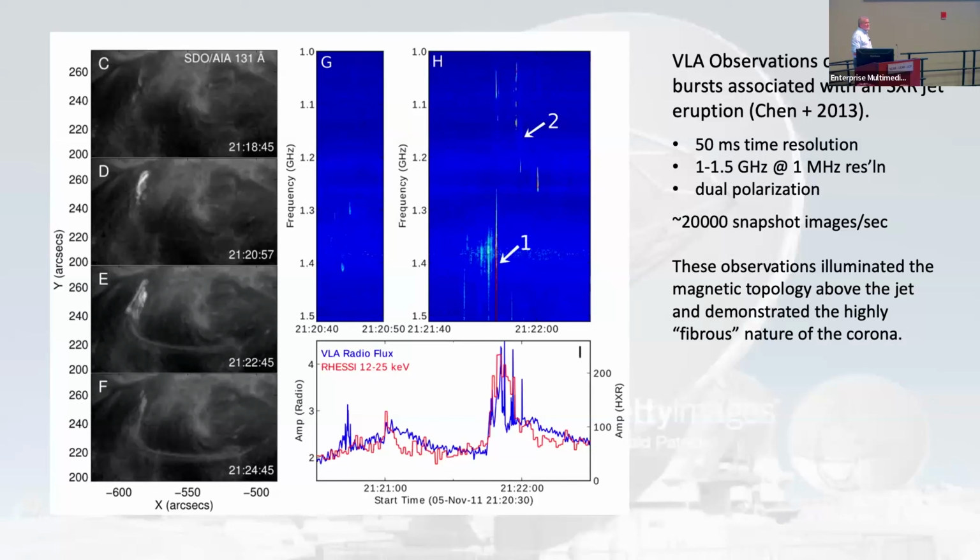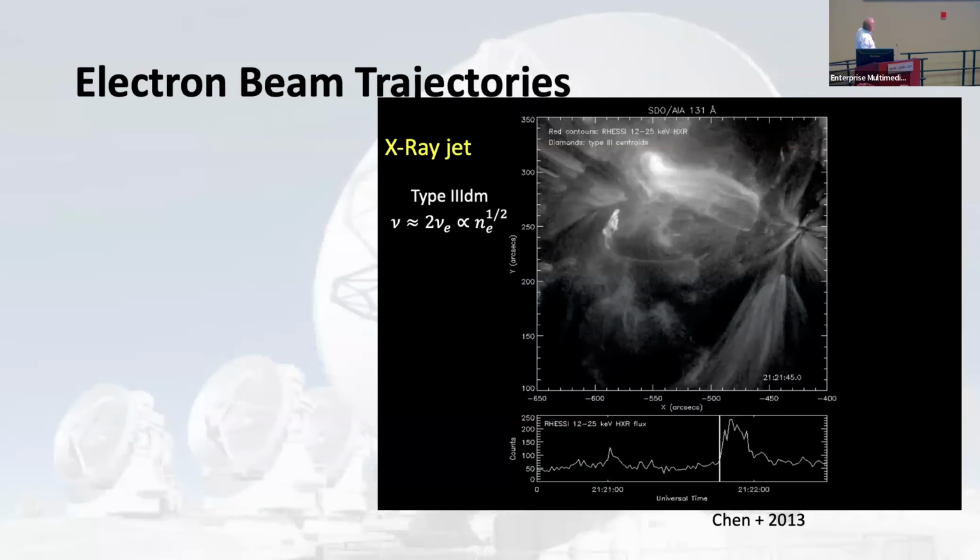So that was 20,000 snapshot images per second to look at these type 3 DMs at a flare. And we didn't see a flare, but we saw a soft X-ray jet go off, which is shown here in EUV, and in blue is the radio flux, and red is the 12 to 25 megahertz. So you can see that the type 3s popping off were related to the hard X-ray emissions splashing down.